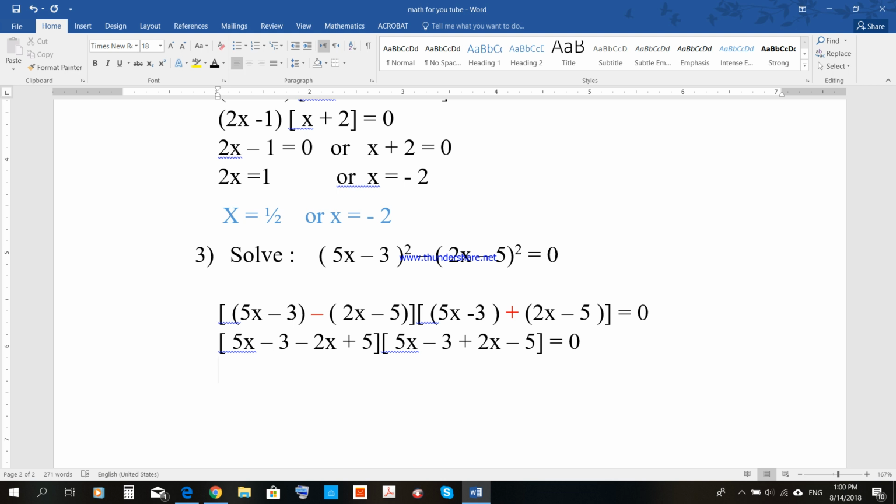Then add or subtract the unknowns and the numbers. For example, here we have 5x minus 2x. It becomes 3x plus 2.